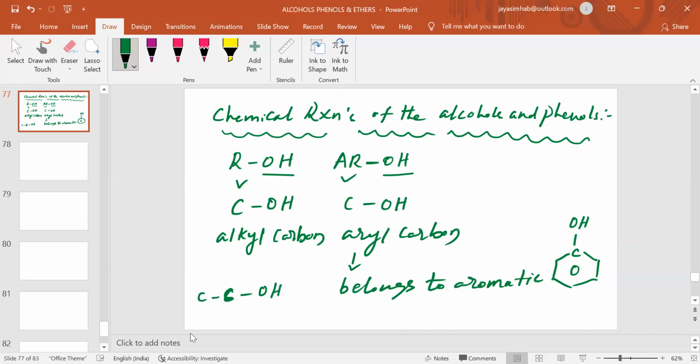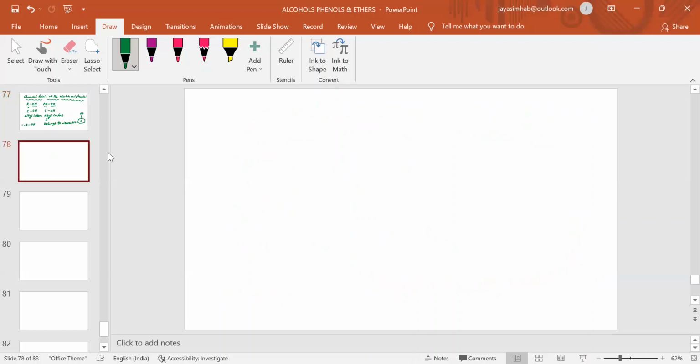Whatever it may be, if you observe, in the alkyl group the carbon is attached to O and oxygen is attached to H. Here also carbon, ROH I can write here, and here AROH I can write. In both the cases, what is happening?